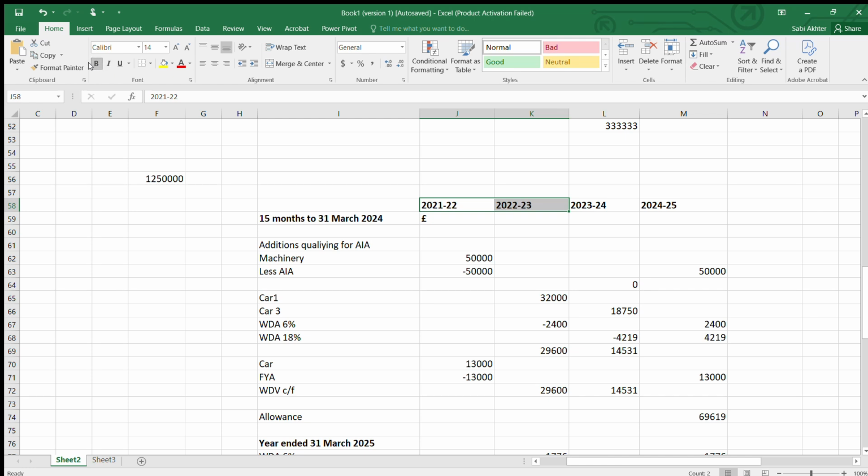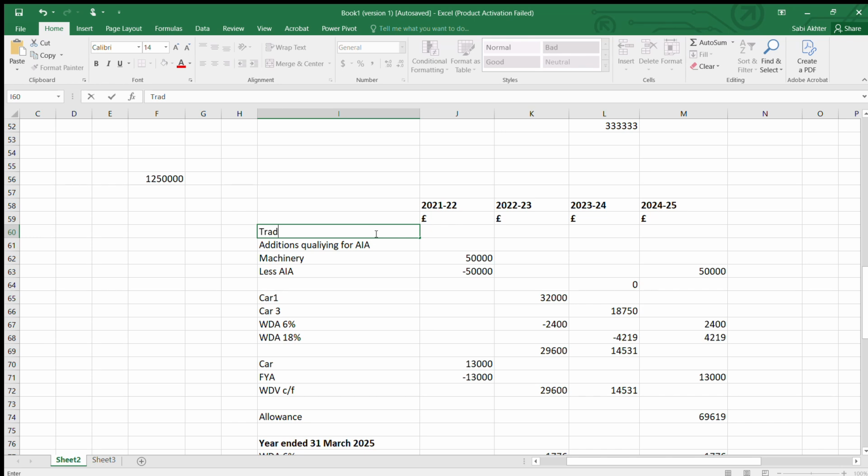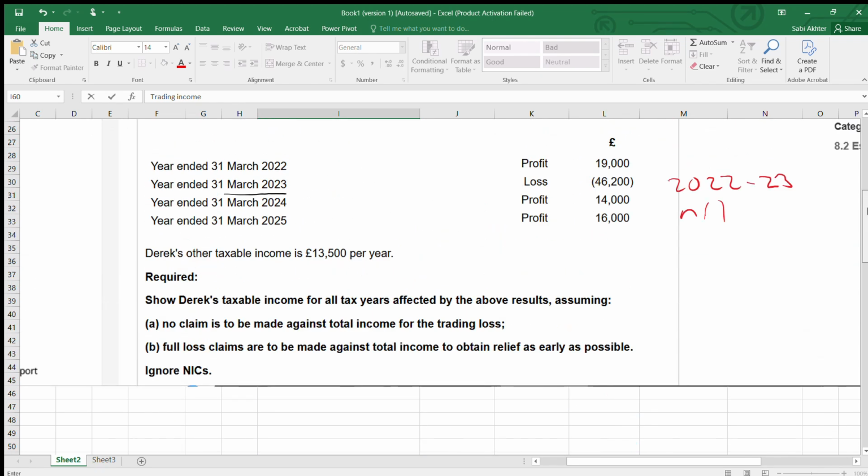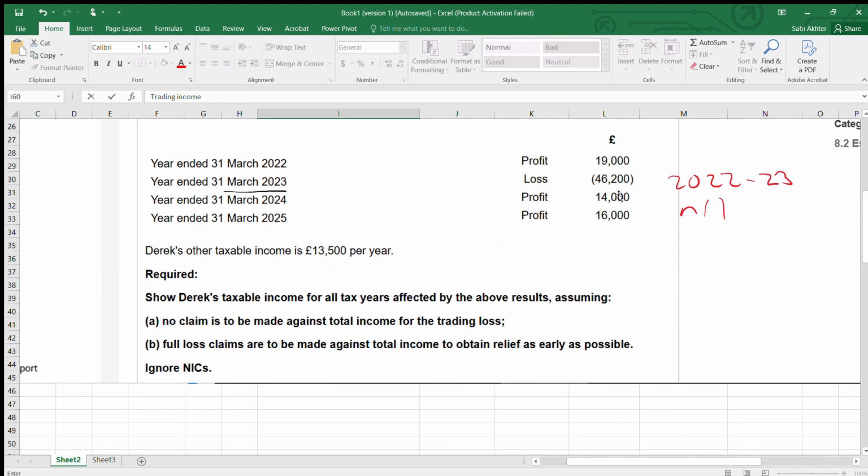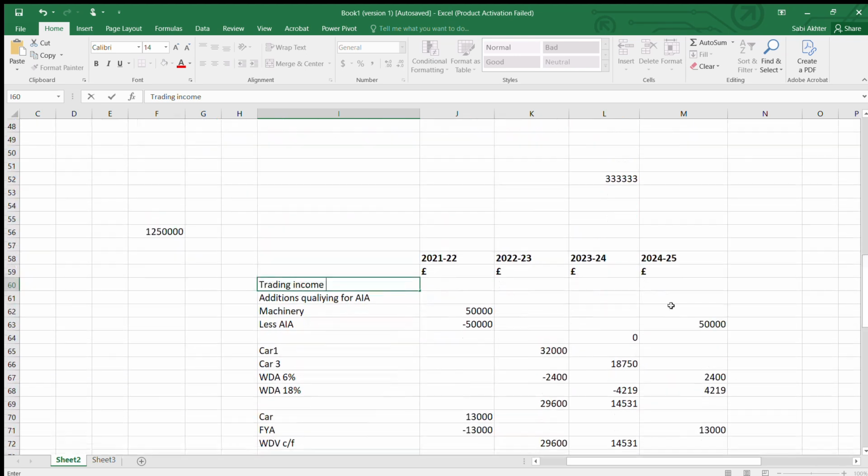Now, first is your trading income. This is under A, where we are not claiming anything. So trading income, first is profit 19,000, then it's nil, 14,000 and 16,000.